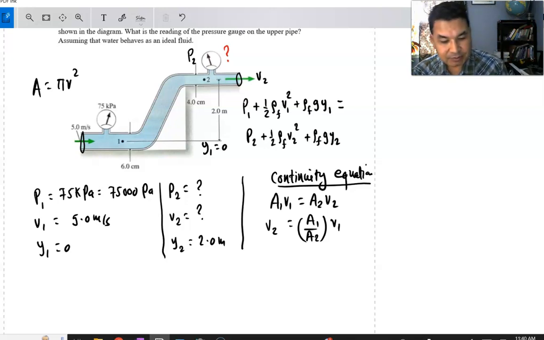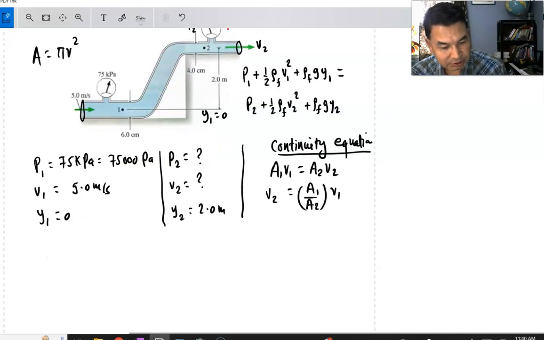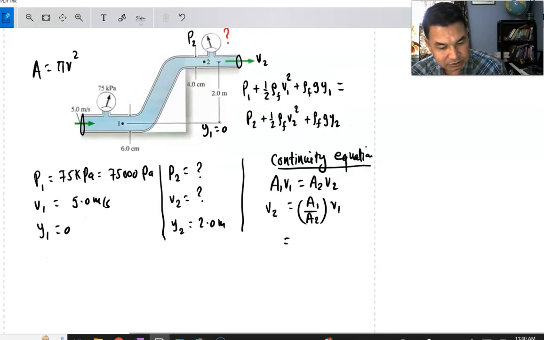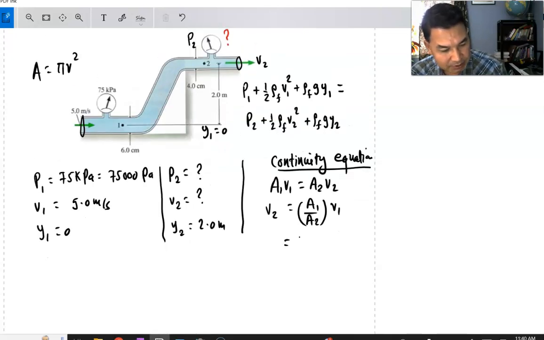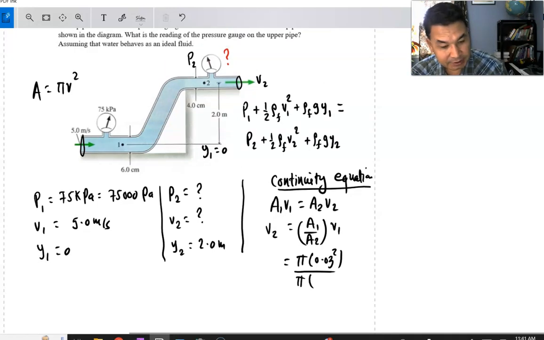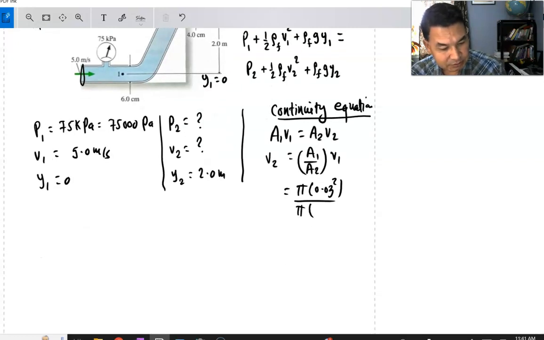You are given the diameters. The diameter of the pipe here is 6 centimeters, and the diameter of the pipe here is 4 centimeters. So we convert into radius. R1 is half of the diameter, so 3 centimeters, so pi times 0.03 squared. Area 2 has a radius of 2 centimeters, so pi times 0.02 squared. V1 is given as 5 meters per second.